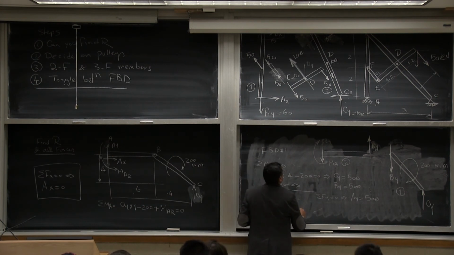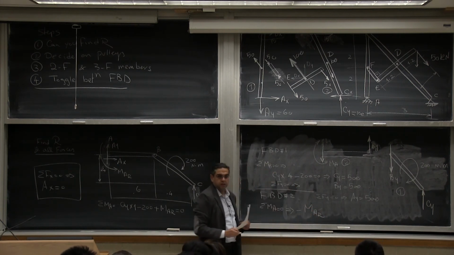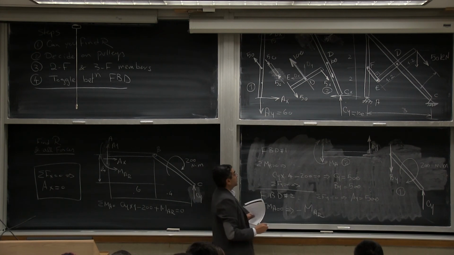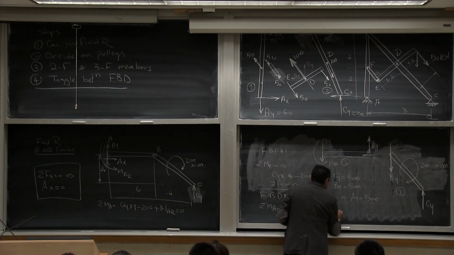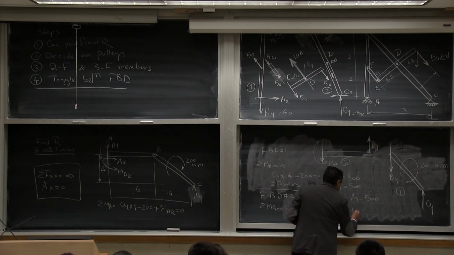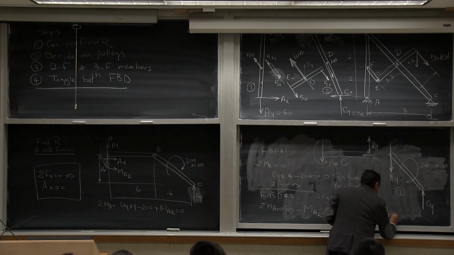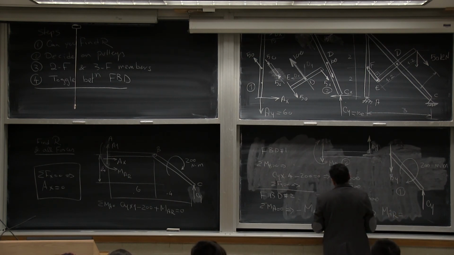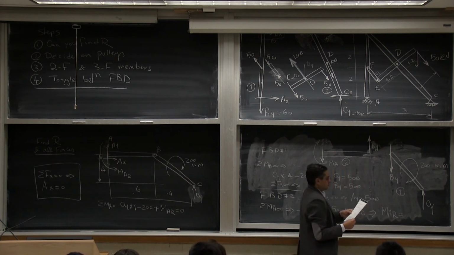That means minus Ma reaction, which is the concentrated reaction moment, plus 500 by 0.6 equals 0. That means Ma reaction equals, I think it's 300. Yes.